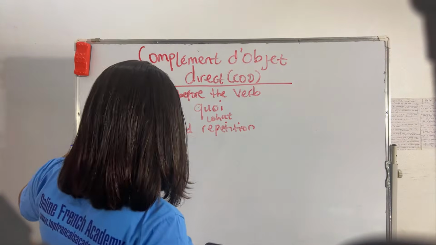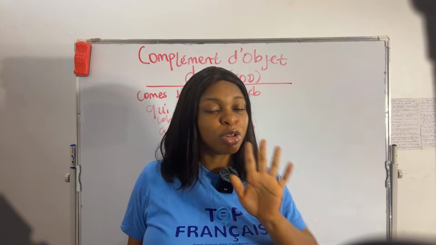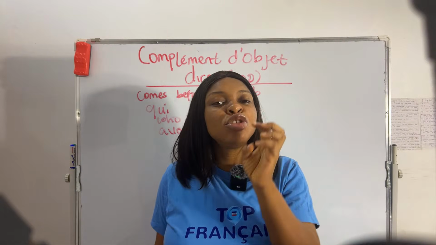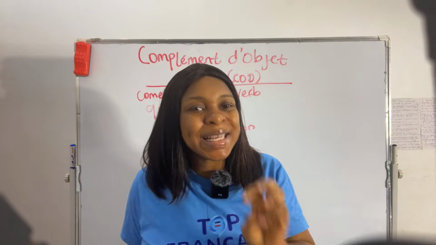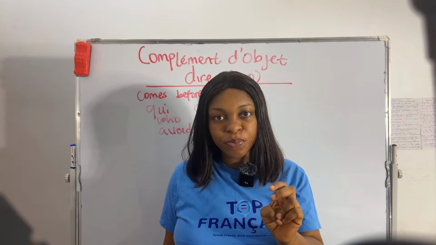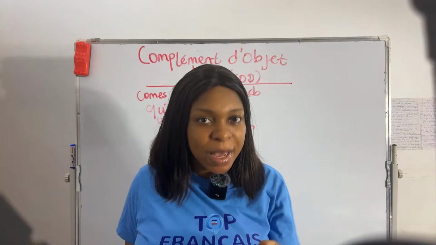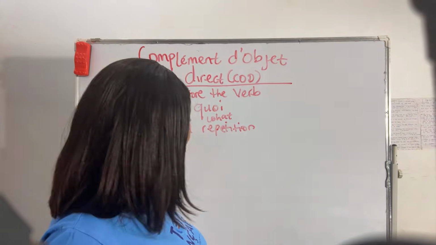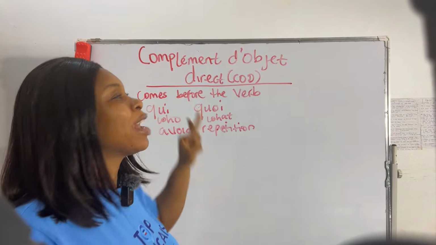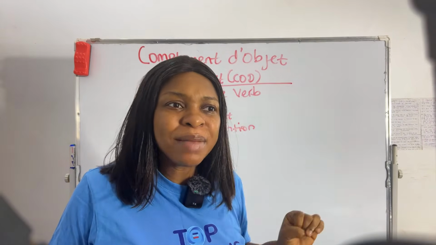So I said earlier, you don't know what COD is yet. I've not given you the pronouns of COD, so don't worry. But take note what it's all about. COD is used, like I said earlier, to replace a subject, an object or a noun in a sentence. One, COD always comes before the verb. Two, COD is used to respond to who and what in a sentence. I am seeing Mark.